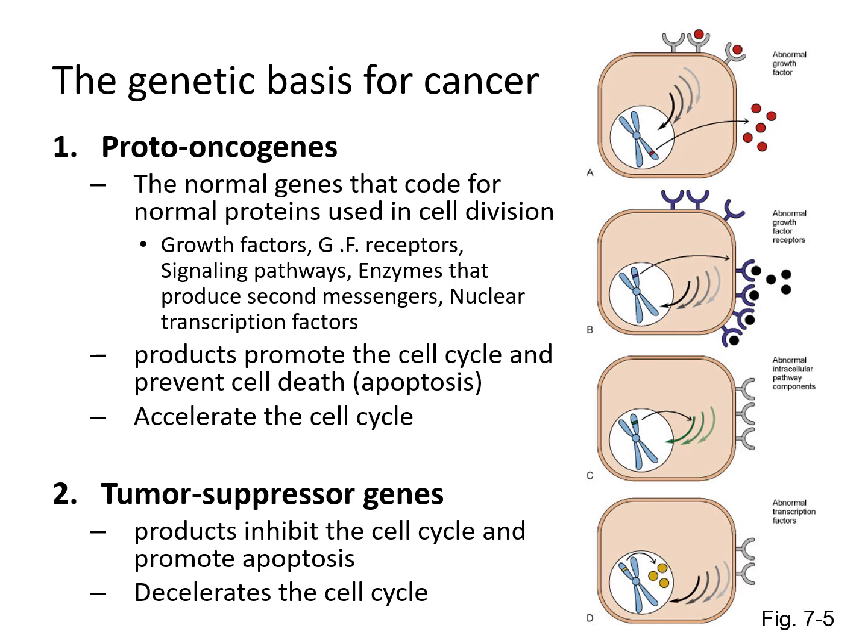So the growth factors we just talked about, the growth factor receptors that we just covered, the signaling pathways that are going to go on inside the cell, enzymes that produce secondary messengers, nuclear transcription factors. They're very, very complex.